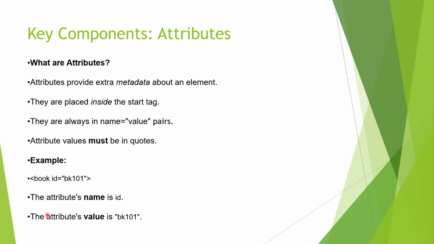Book id equals BK101 is an attribute. Attributes are used to provide metadata about an element. In this case, the id attribute is giving the book a unique identifier, which is a perfect use for it. The id isn't the data itself, it's metadata about the book data.